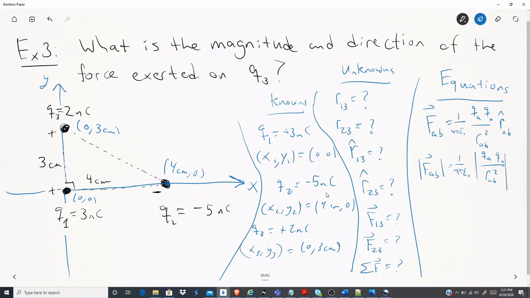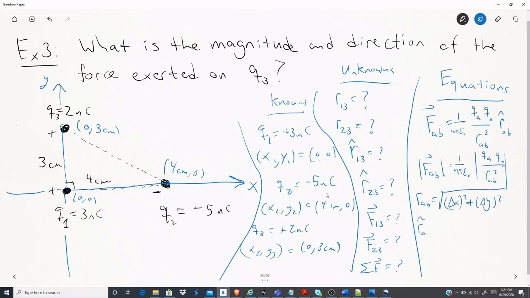The unknowns suggest to me a few equations that I may have forgotten, so I'm going to write those in here. So first of all, the distance from A to B is the square root of the difference in the x-coordinates squared plus the difference in the y-coordinates squared.